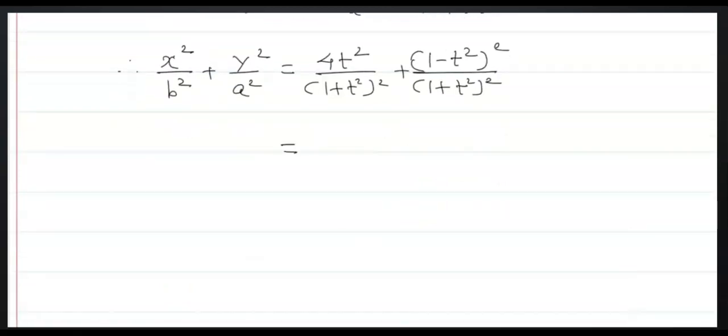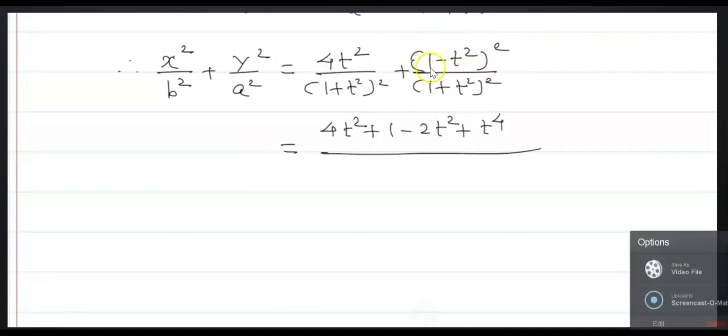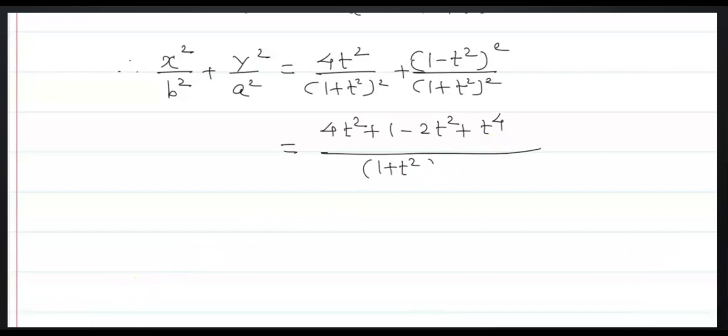Now simplify this. That is 4t square plus 1 minus t square bracket square. Expand this: 1 minus 2t square plus t raised to 4, upon 1 plus t square bracket square.